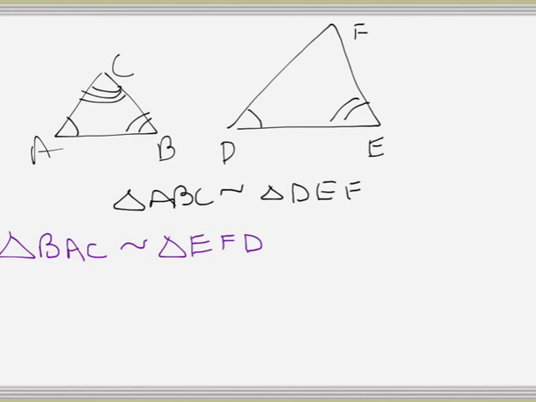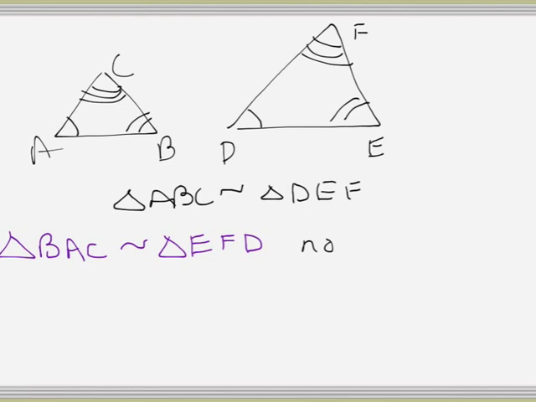And then C and F should be matching angles. So when we reorganize our letters, we need to make sure that the matching letters are maintained. So in that new name, B and E, that's still good. A and F, that's not good, because A and F aren't the matching ones. So those two are not similar, because the right stuff isn't matching up. Okay, so that is a false statement.